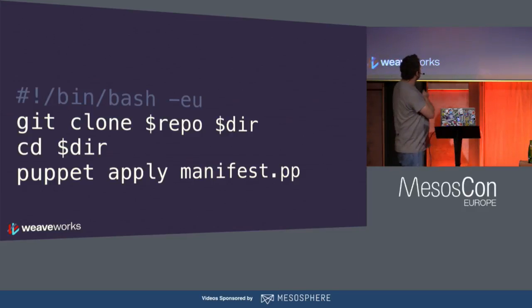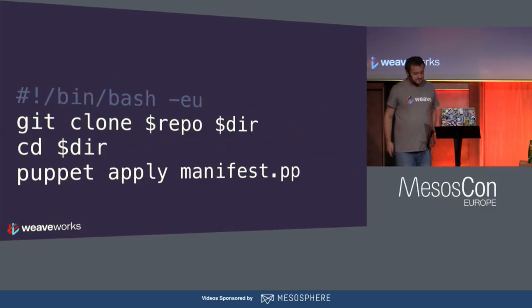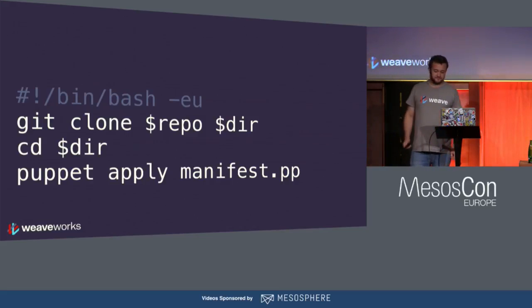Essentially, we were doing this decentralized masterless Puppet setup, where we do a git pull, or clone or whatever, and then we go into that directory and do puppet apply. And we do that periodically from a cron job. So essentially, we were doing decentralized Puppet like this. I'm going to show you later how we do a similar thing with Kubernetes. Similar concept, at least.